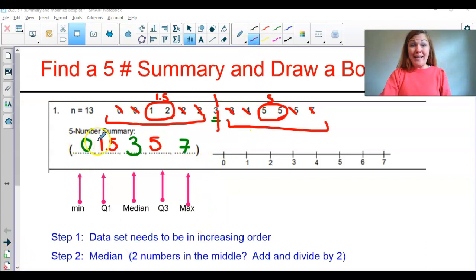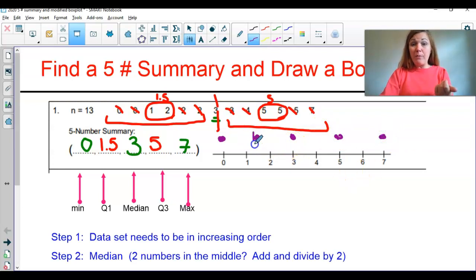So I'm going to put a dot on each one of my 5-number summary values. The minimum, right above that number line, 1.5, the median, which is 3, the quartile 3, which is 5, and the maximum, which is 7.